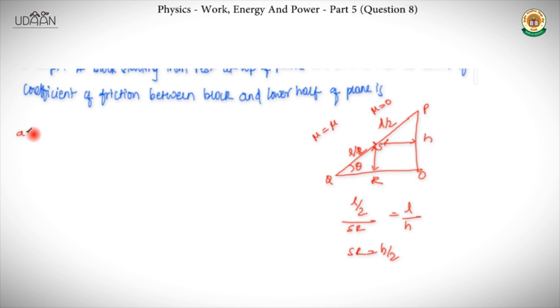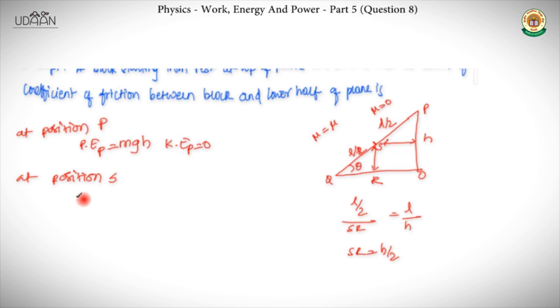Fine. Let us take position P. Initially the potential energy is equal to mgh and the kinetic energy is equal to 0. Now let us take position S. Let us assume this velocity be Vs. Potential energy at position S is equal to mgh by 2, because it is at height h by 2, and kinetic energy at position S is equal to half m Vs square.